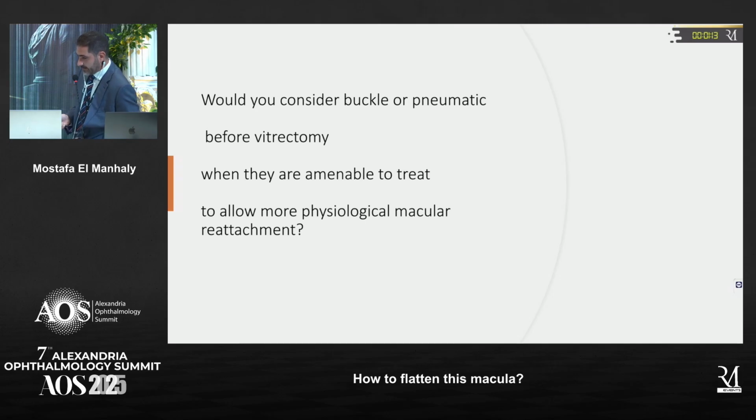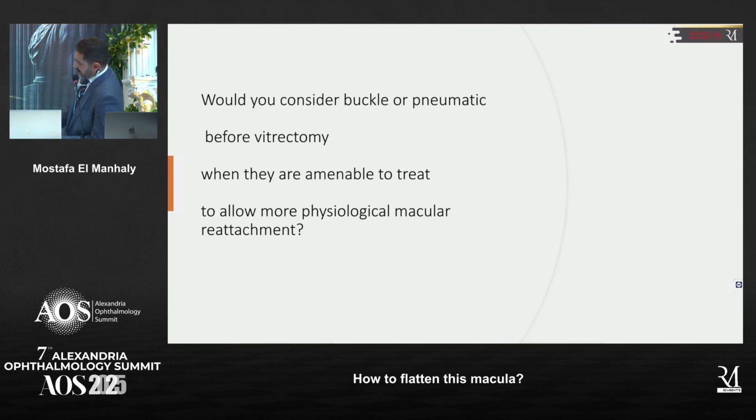Dr. Mostafa, please. Actually, of course, many factors decide whether to do a vitrectomy or a buckle, but if the conditions are ideal for both, I prefer a buckle, because many studies show that the functional improvement after buckling is better than after vitrectomy, despite equal anatomical attachment rate.